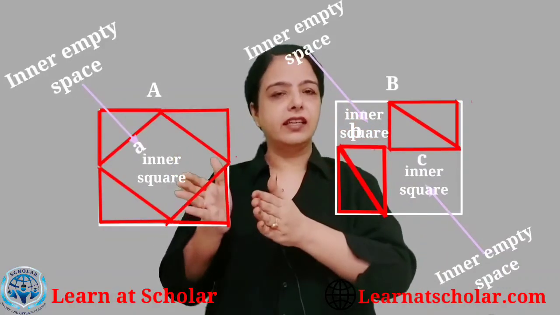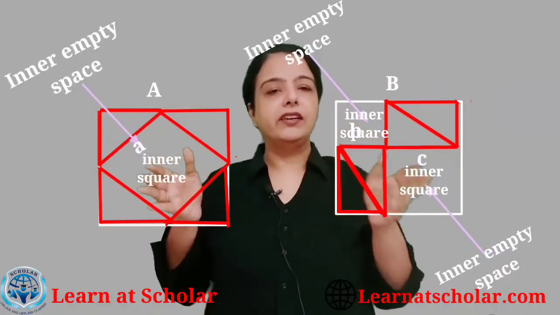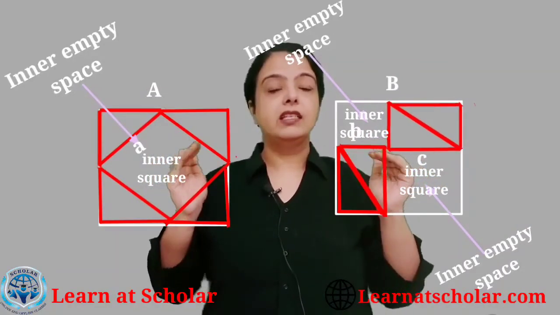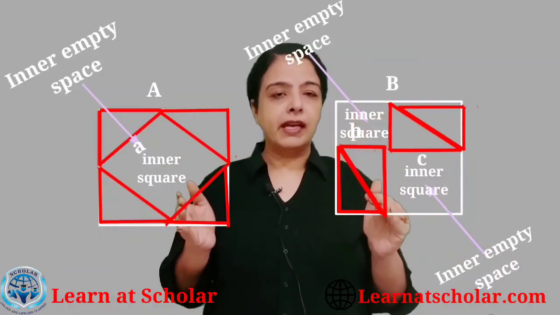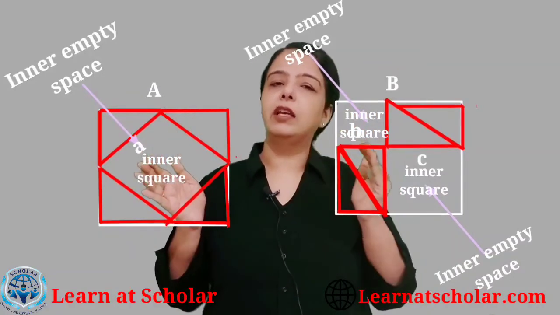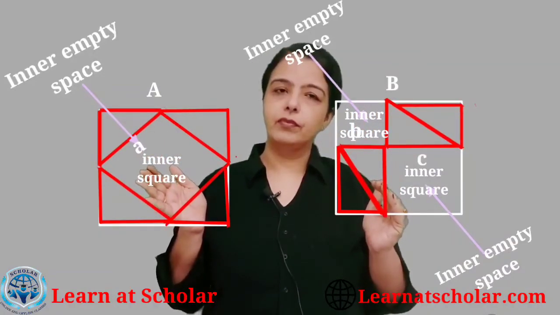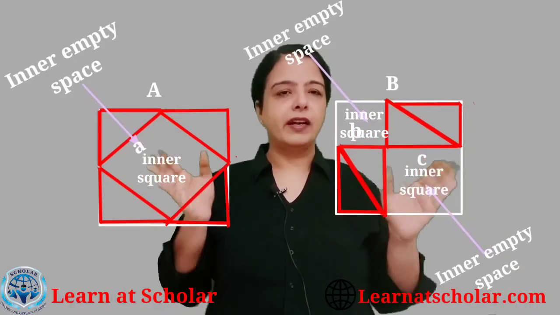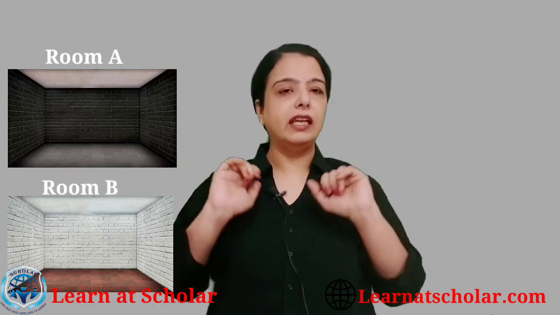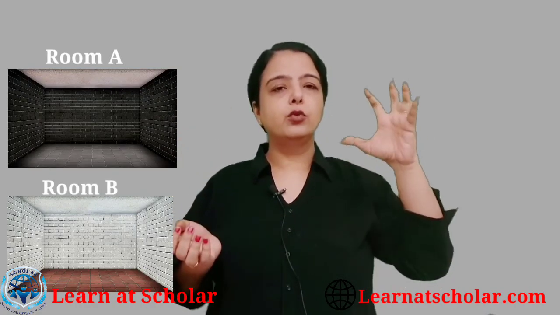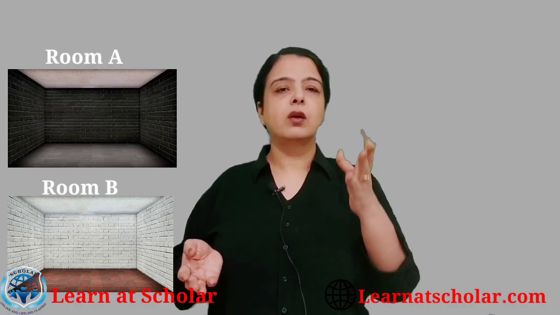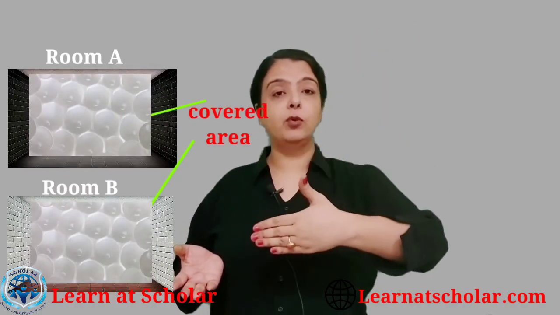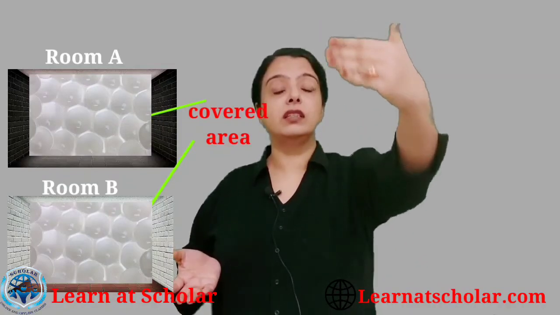Now if the triangles are identical and the areas of the squares are same, that means the area covered by the triangles in the square will also be same. Right? Suppose two rooms are given, they are equal in area and you have to fill the rooms with 100 balls each.